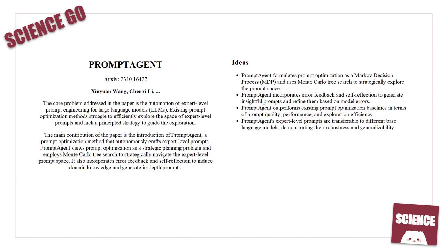PromptAgent uses a technique called Monte Carlo tree search to explore different prompts and find the best ones. It also learns from its mistakes and uses that knowledge to improve the prompts it generates. PromptAgent is better than other methods because it creates high quality prompts, works faster, and can be used with different language models.